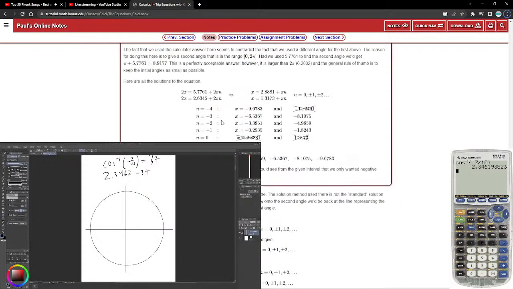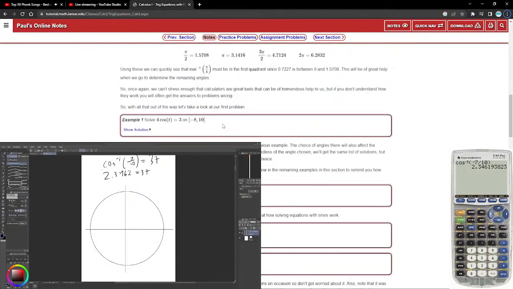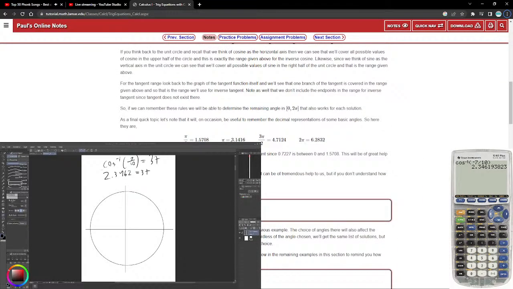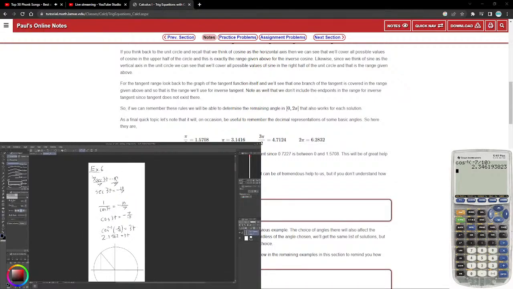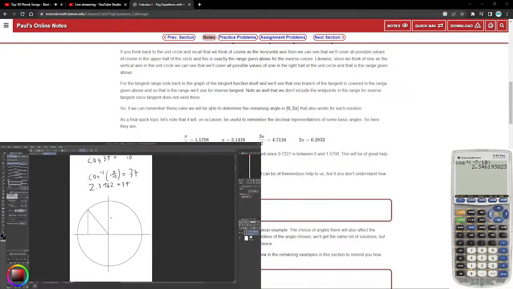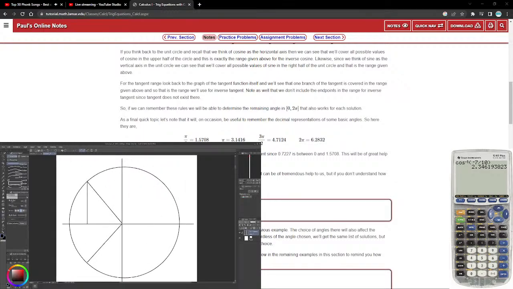So this is past the first quadrant for sure. Where's the second one? Okay, it's definitely the second one. So like maybe here. And what is this? Cosine. It's a negative, so okay, so it has to be here.